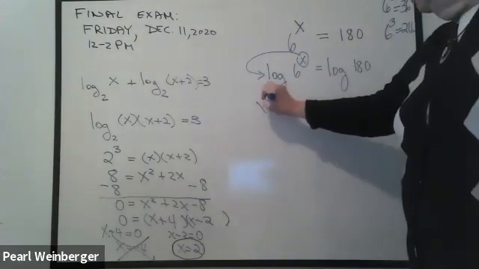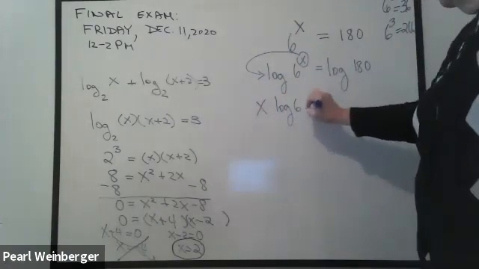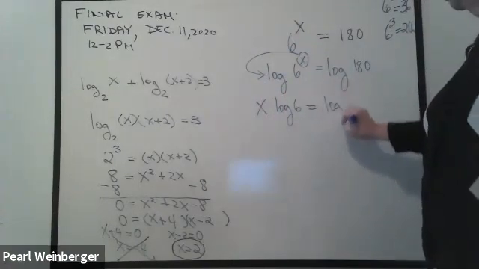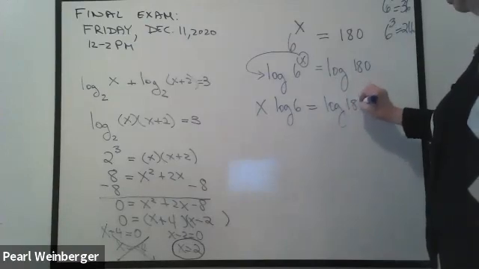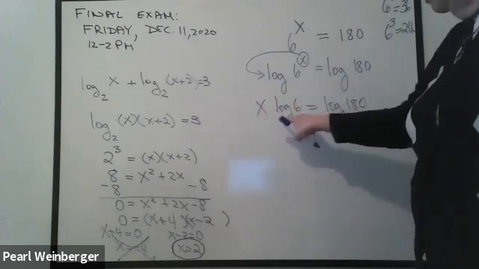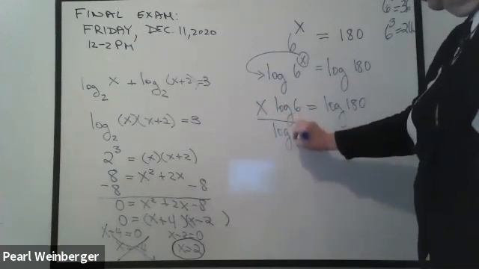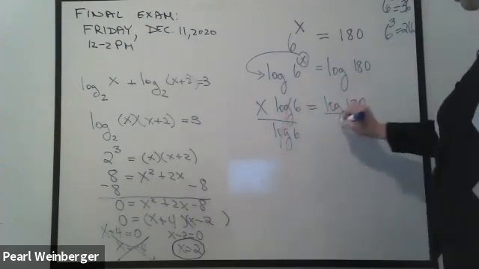So this will become x log 6 equals log 180. And then to figure out what the x is, since this is x times log 6, we'll divide by log 6 to get the x alone.